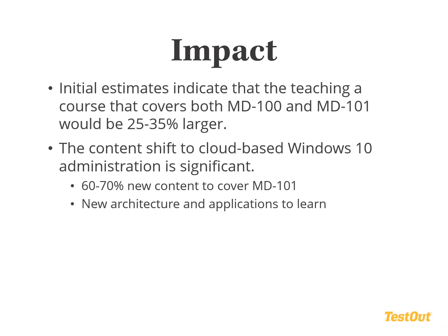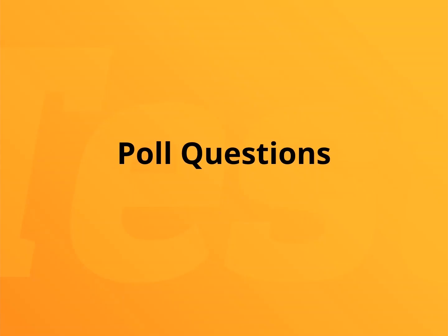Again, the MD100 pieces will be fairly similar, not a big shift, but as you approach the client-based side, which is mostly in 101, think about that as you're doing things. So there are new architectures and applications that you'll need to be comfortable with so that you can guide your students through those sections of your course. So that's the course material that we have.